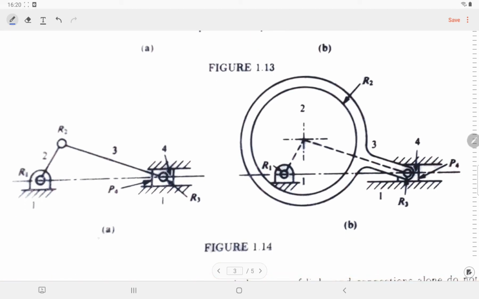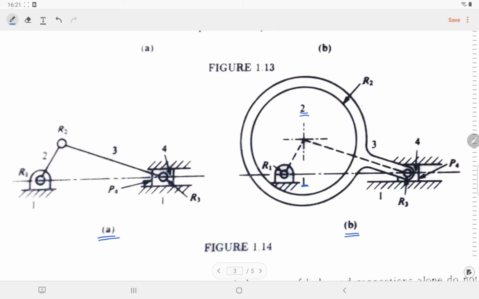And this is the slider crank mechanism. But what is this? If you see here, this fixed link is 1, and inside there is a drum sort of thing, and that's link 2. But link 2 and link 1 are connected using a revolute pair.